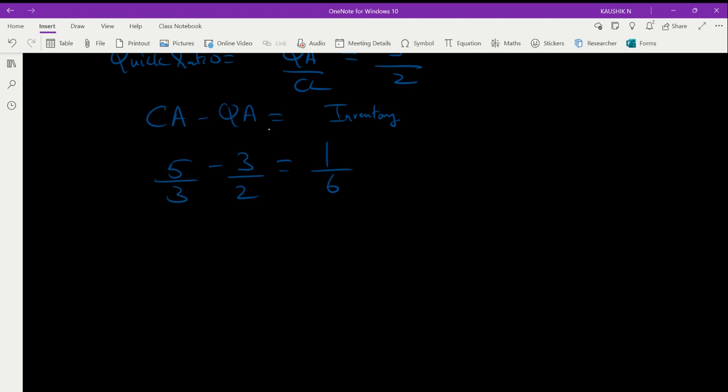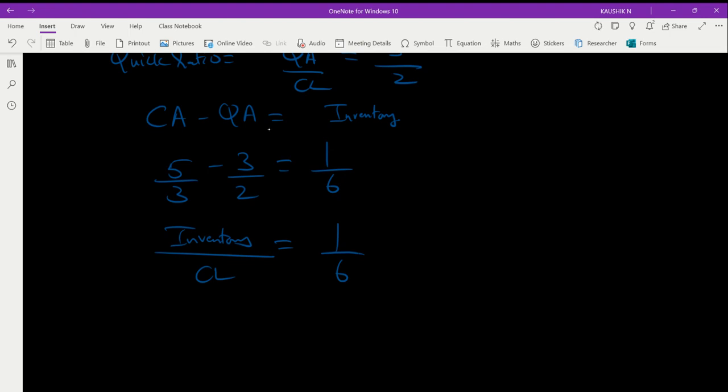So now you are going to write here inventory by current liability is equal to 1 by 6. Because how you are getting inventory by current liability, there is a CA minus CL, that is inventory. So inventory by CL is equal to 1 by 6, and here you are going to substitute the formula.